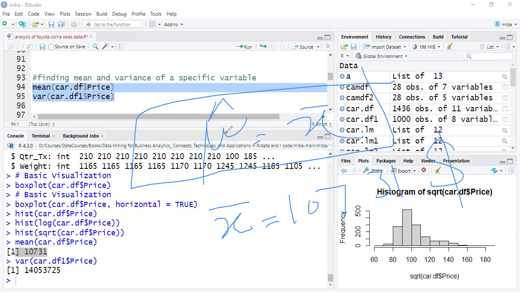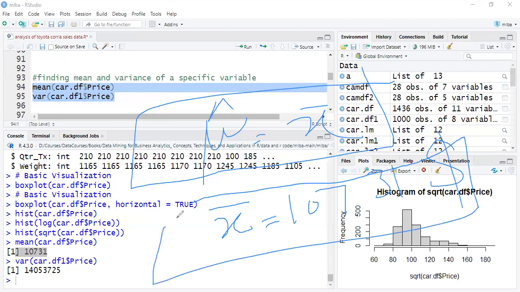I have the data of only 1436 cars, and the mean price of these 1436 cars is this. But I'm interested in predicting the average price of all US cars of the brand Toyota Corolla, which can be represented by mu. By a simple estimation technique, the sample mean is a point estimate of the population mean. So we can say that the estimated average price of all Toyota Corolla cars in the US is 10731. This is an estimated price, not the actual price of a car.